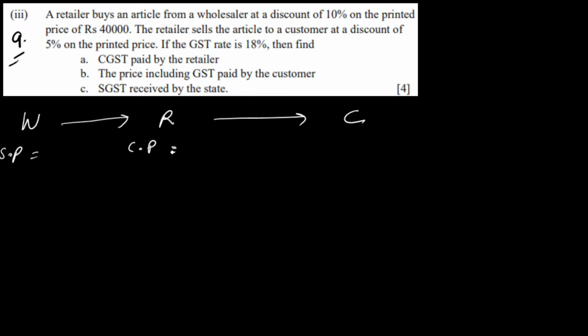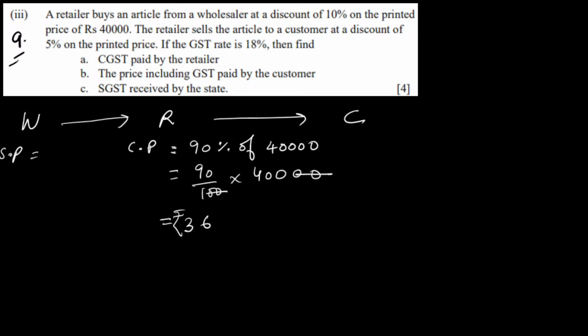You can find 10% and then do the subtraction, or you can find directly 90% of 40,000. This thing I have explained already. So 90 by 100 into 40,000, that is 6,000.